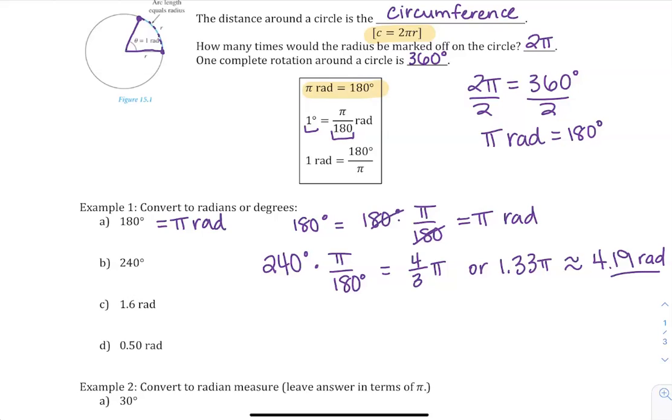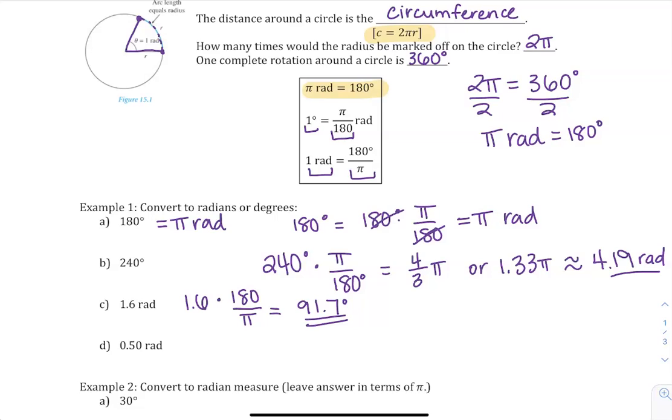Now, how do we go from a radian to degrees? Well, we use the other formula where we know that each radian is worth 180 degrees over pi. So if we start with 1.6 radians and we multiply by 180 divided by pi, and here I just go ahead and type in the pi as well. So I do 1.6 times 180 divided by pi, and we get that this is approximately 91.7 degrees.